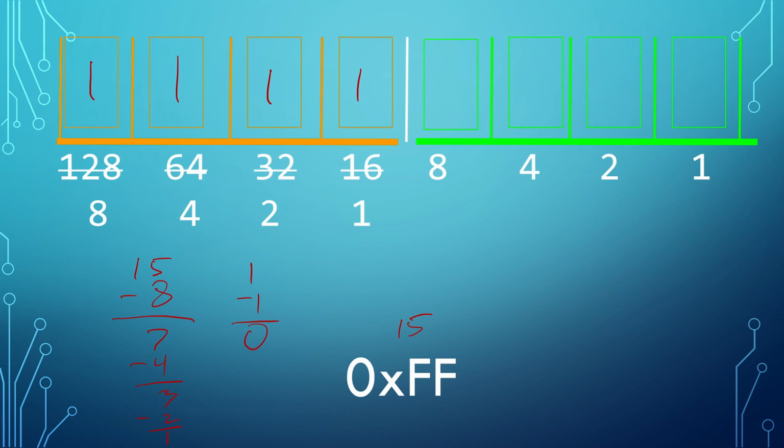There we go. 1, 1, 1, 1. And I don't even have to bother doing the math because it's F. So it's just 1, 1, 1, 1. Same as the other side. Which is, fun fact, 255, the largest value for 1 byte.